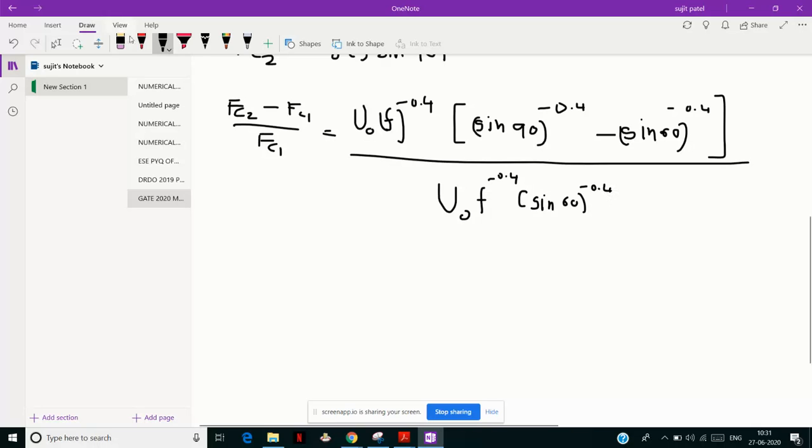So here u0 f raised to power minus 0.4 will get cancelled out. So sine 90 raised to minus 0.4 will be 1, minus sine 60 raised to minus 0.4.